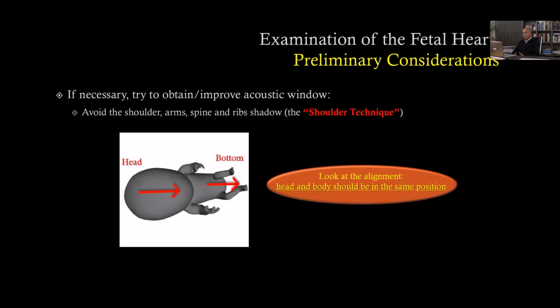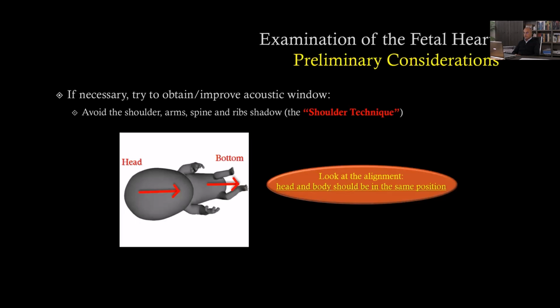To help you in the evaluation of the fetal heart, I want to show you a very simple technique that I call the shoulder technique, that can help you in avoiding the shoulder, arms, spine, and ribs shadow. As you can see here, the preliminary aspect is to look at the alignment between the head and the body of the fetus.